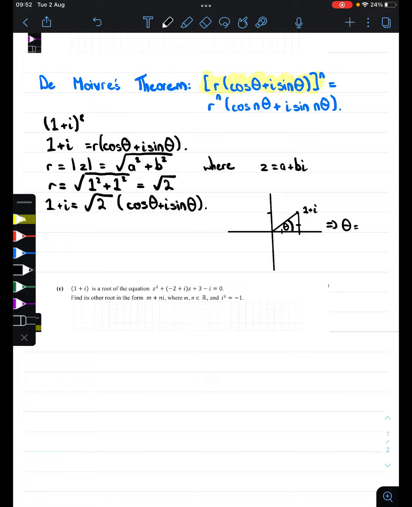Theta equals 45 degrees. Okay, so 1 plus i is equal to root 2 times (cosine 45 plus i sine 45).